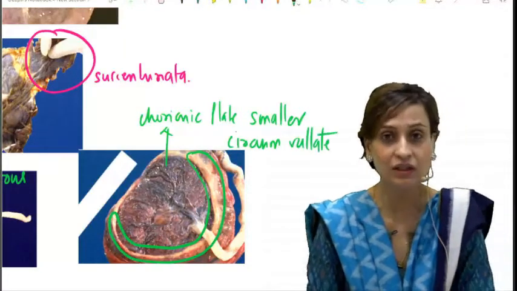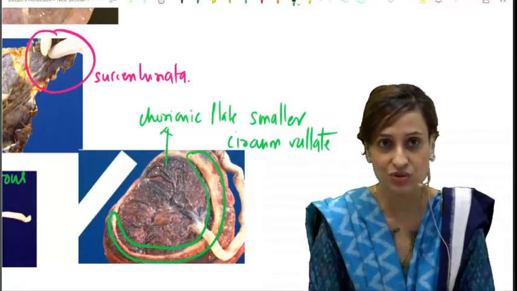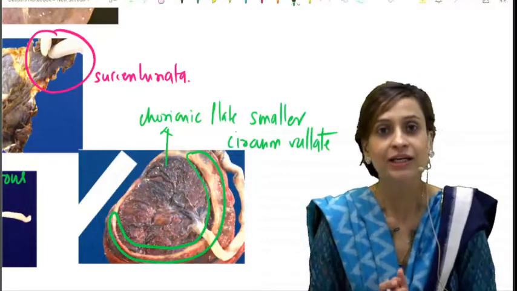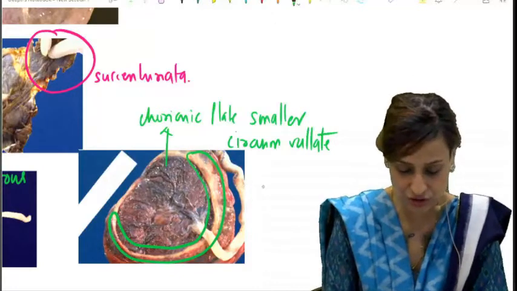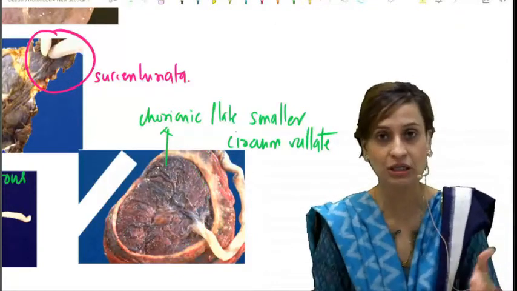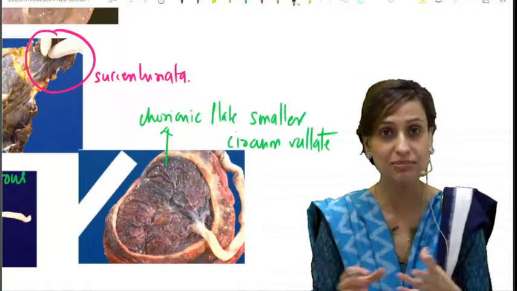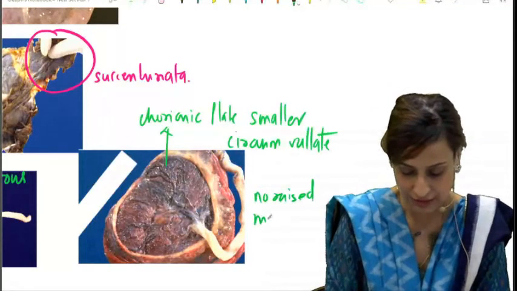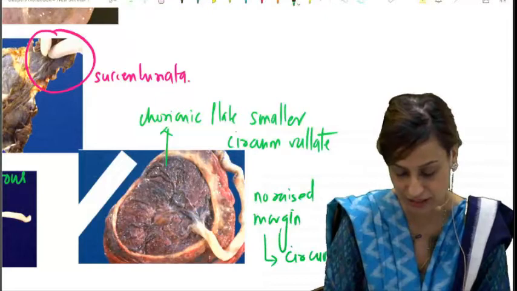Even the JIPMER people are fond of asking these. So remember, when you see a raised margin and the chorionic plate is smaller, it is circumvallate. If the chorionic plate is smaller but there are no raised margins, so it is a smooth transition between the chorionic plate and the basal plate, then this is called a circummarginate placenta.